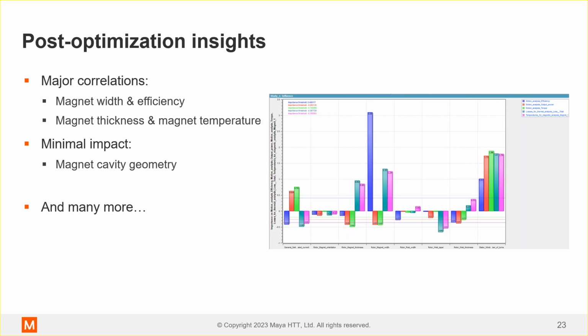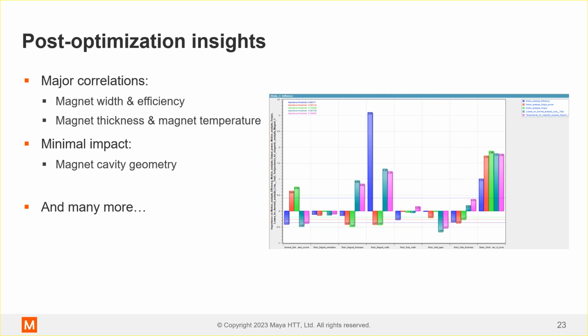We also saw a fairly good correlation, both between magnet width and magnet thickness, these pairs of bars here, with magnet temperature. So a larger magnet, while more costly and other implications, does help to keep the magnet temperature down. Something that I guess was not totally expected by me was that the cavity geometry had a negligible effect on any of our interested results.